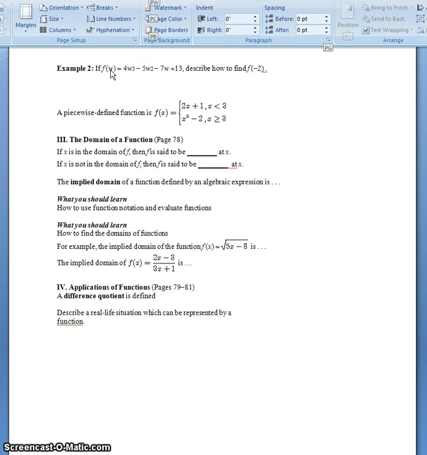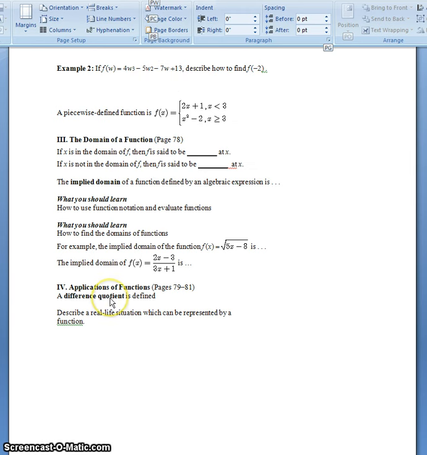F of x plus 1 would be 4 times x plus 1 cubed minus 5 times x plus 1 squared, and so forth. That's important to know because when you come down here to talk about difference quotients, you will have to make substitutions with expressions rather than numbers, and the concept of substituting is going to be very important for you to be able to do that.